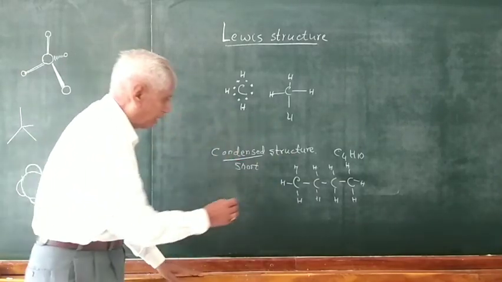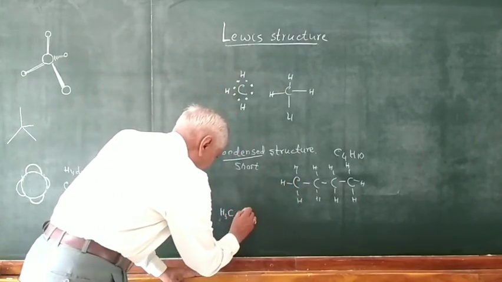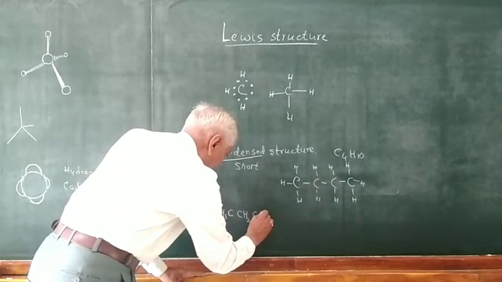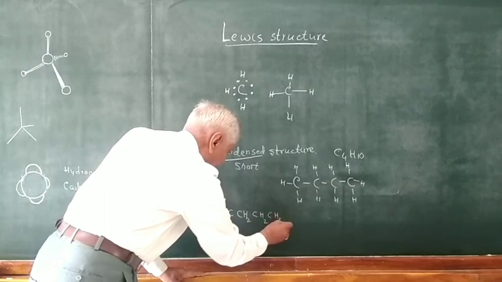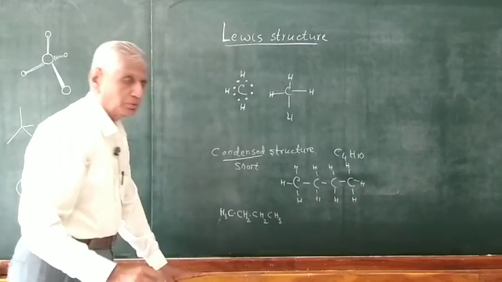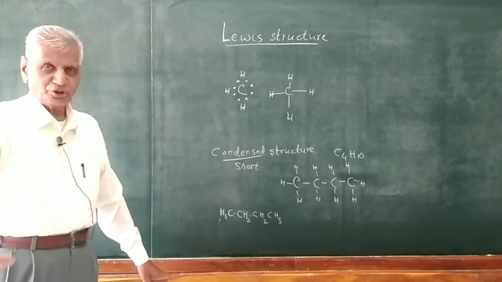Okay? Then don't write this bond also. Write there CH2. And then CH2. CH3. Or you can put a dot there in between.